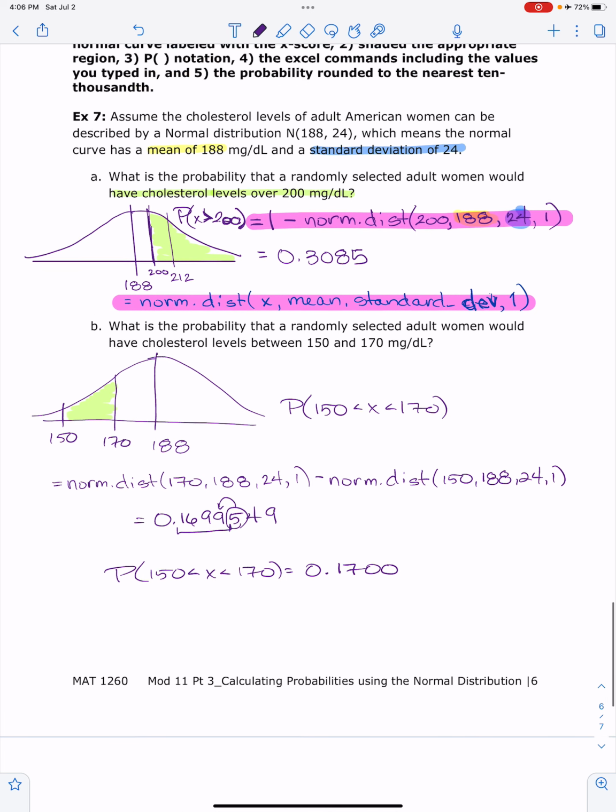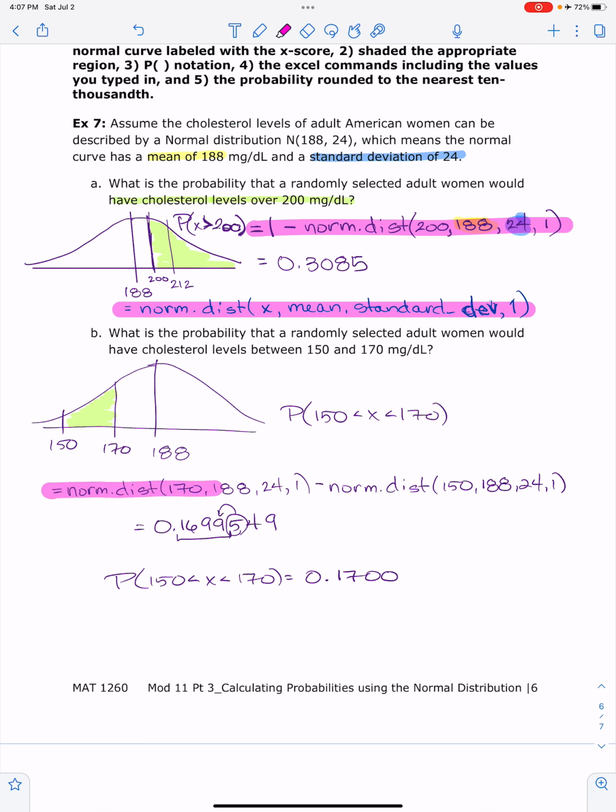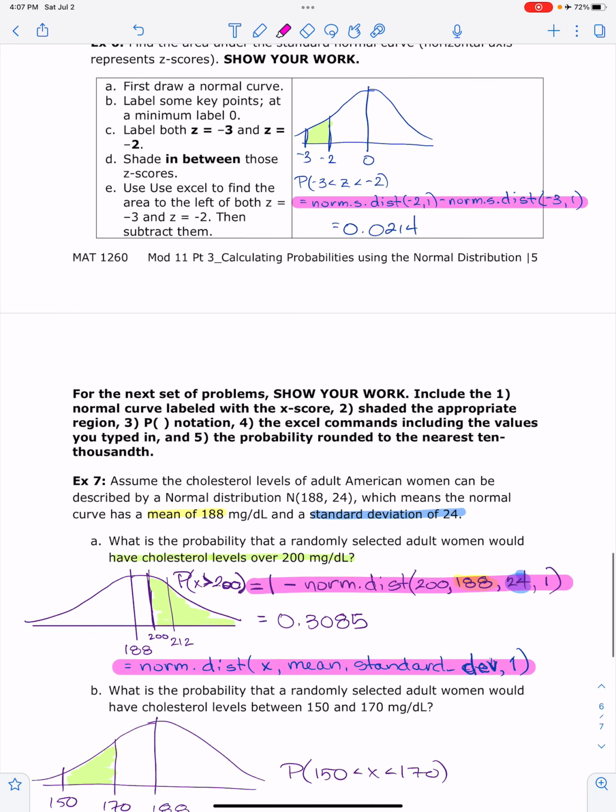And I'm going to leave those 2 zeros after it to show that this has been rounded to 4 places. And they're my Excel commands.